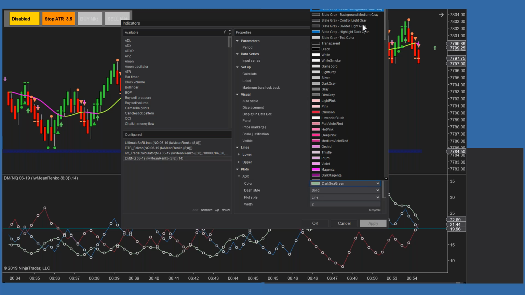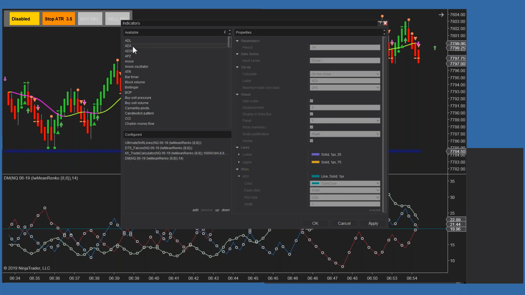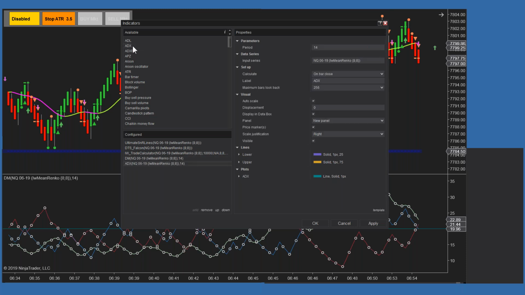We need to make that transparent. Now we can add an ADX and let's say we're going to make that half the value. Let's say we're going to make it 7 instead of 14.